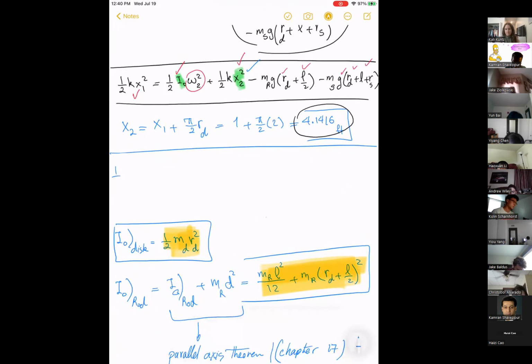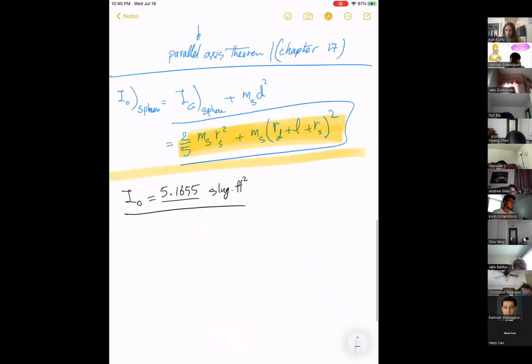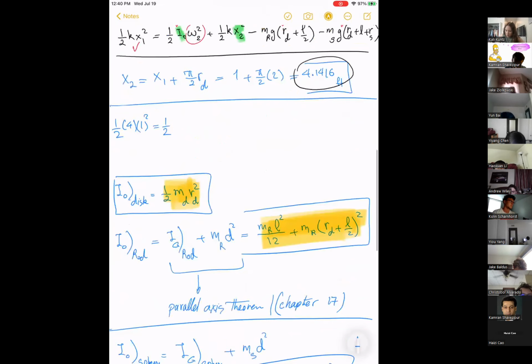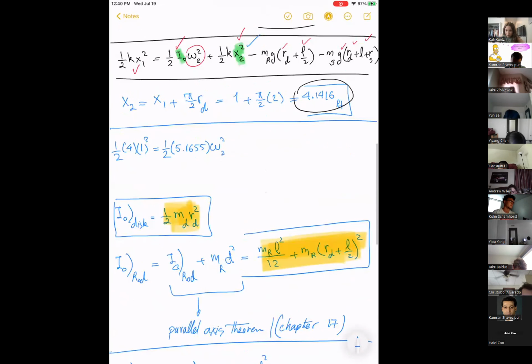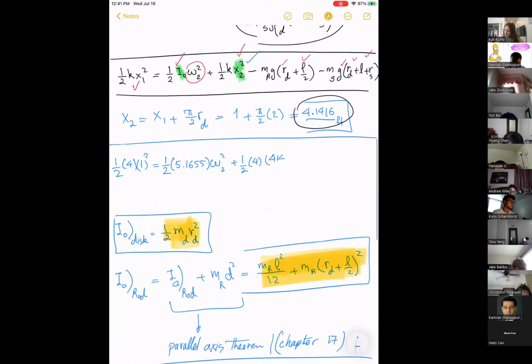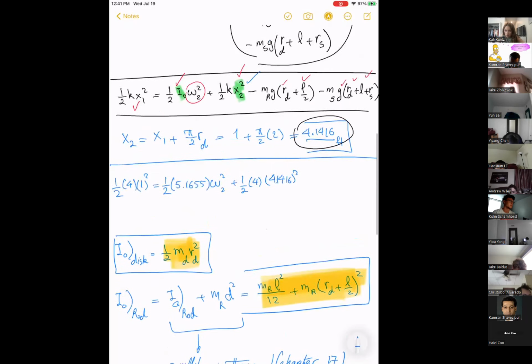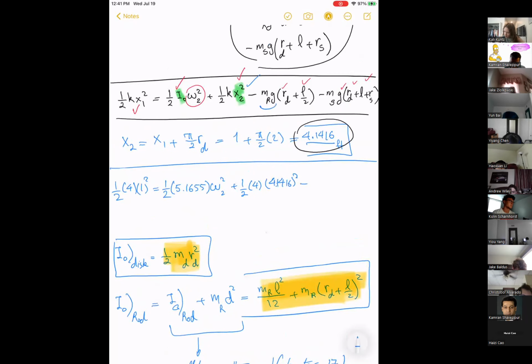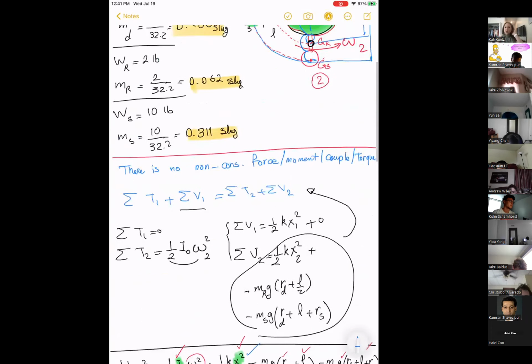So you're going to get half times 4 times 1 squared is equal to half IO, which was 5.1655, times omega 2 squared, plus half times 4, x2 is here, 4.1416 squared, minus, remember, these are mg values, so I can just use the weight.